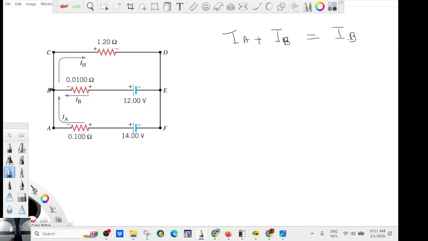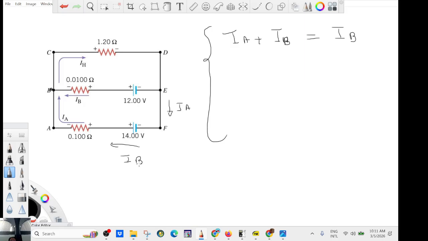Agree? Yes? Okay. And then I'm going to go around here. I'm going to go this way because IA is going that way.